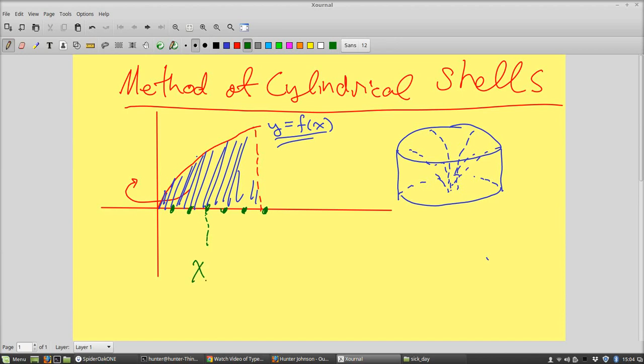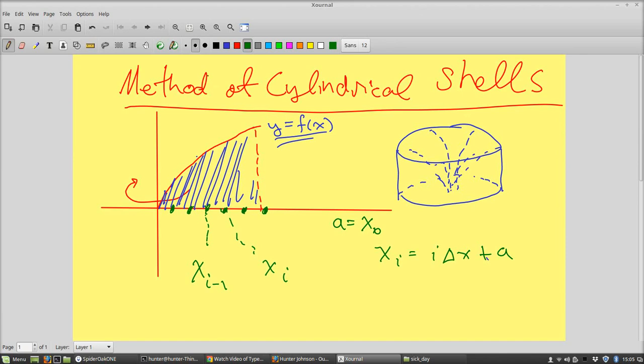Here's x sub i minus 1, and here's x sub i. And these are just the standard things that we always use, like a is x0, and then x sub i is i times delta x plus a, etc. We've done this many times.